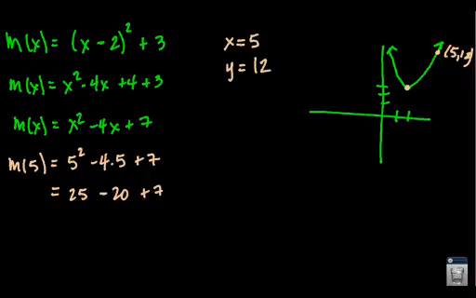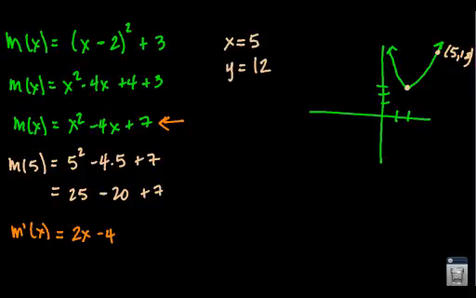Now it's time to find the derivative of m of x. And remember, we're using this equation because we don't know how to do this yet. So the derivative of x squared is 2x. The derivative of negative 4x is negative 4, and the derivative of 7 is 0. So we're done.